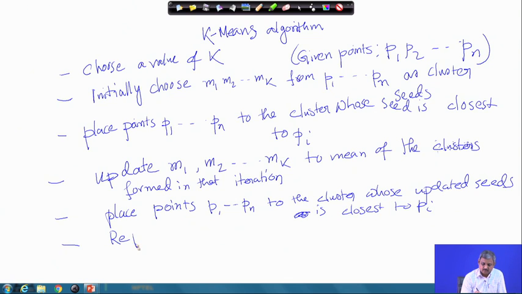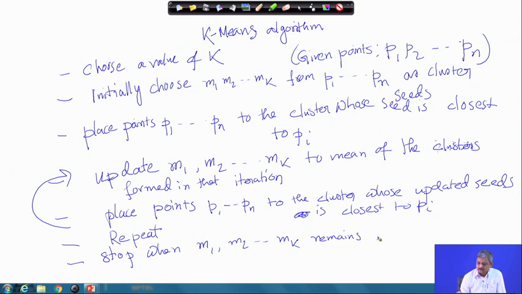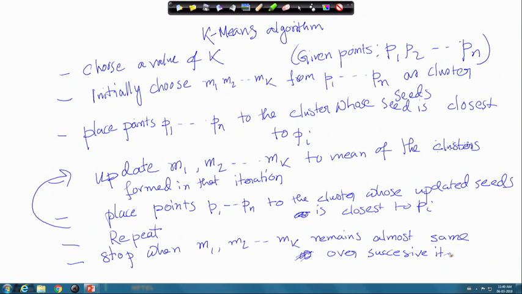Repeat. So, repeat these two steps, updating Mk over successive iterations. Okay. So, this is the K-means algorithm.